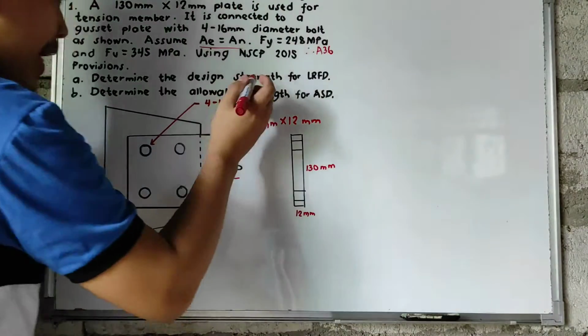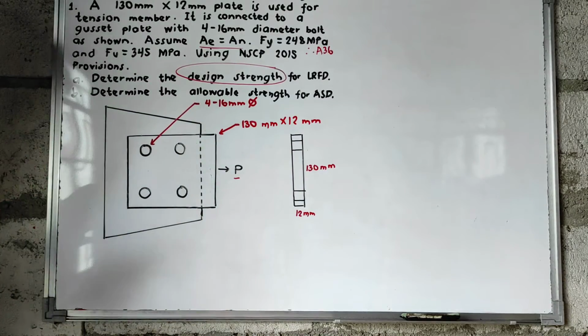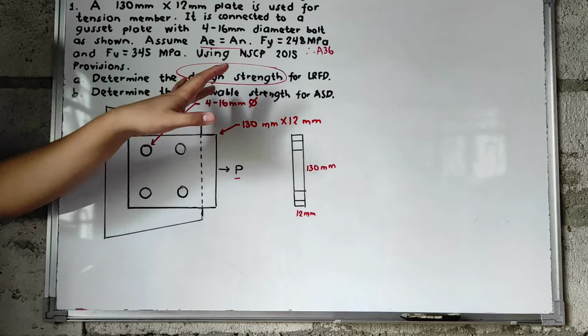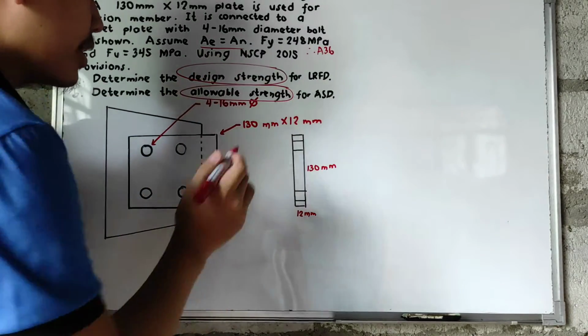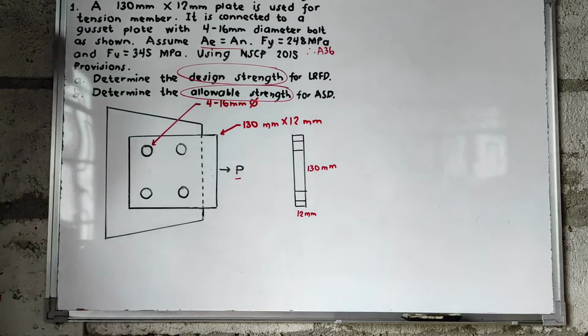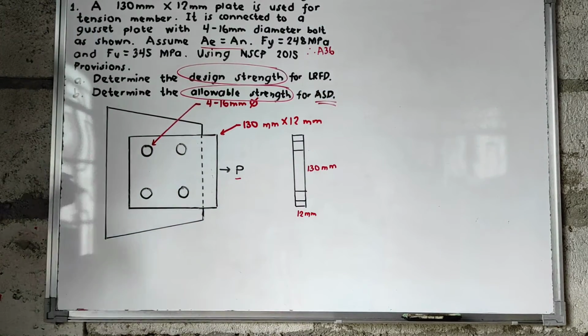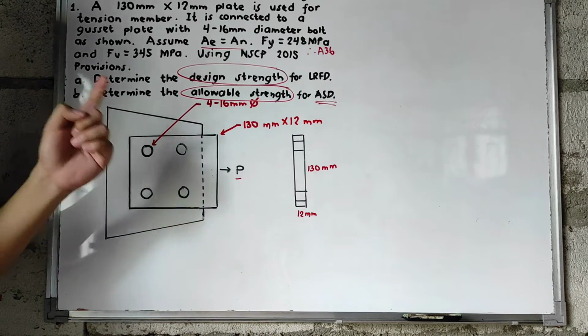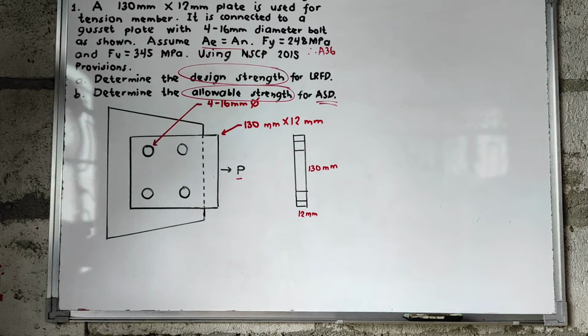When we say design strength, we are talking about LRFD. When we say allowable strength, we are talking about ASD. So for this one, we will use both approaches to solve for the design strength and the allowable strength.